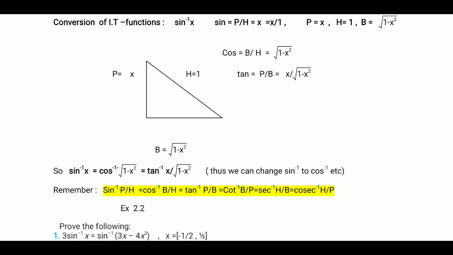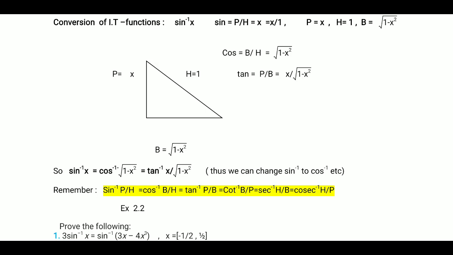We have to remember these for changing. Remember, sin inverse perpendicular upon hypotenuse is equal to cos inverse base upon hypotenuse is equal to tan inverse perpendicular upon base is equal to cot inverse base upon perpendicular equal to sec inverse hypotenuse upon base equal to cosec inverse hypotenuse upon perpendicular.